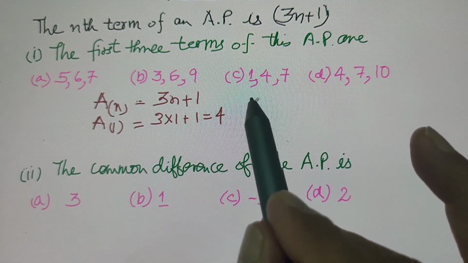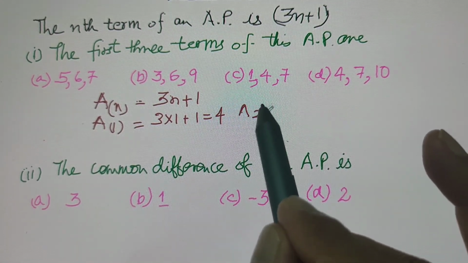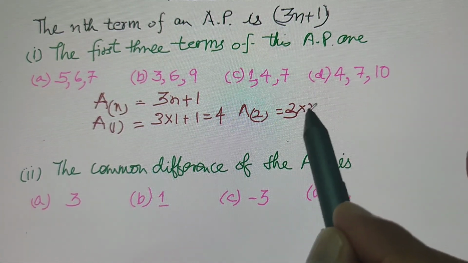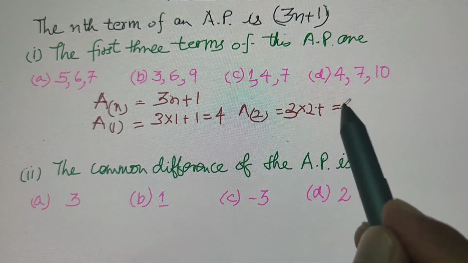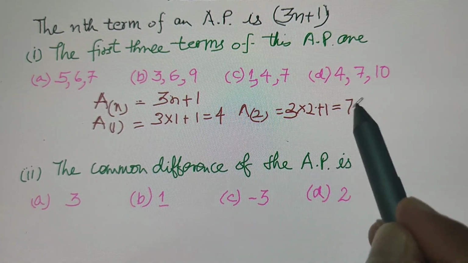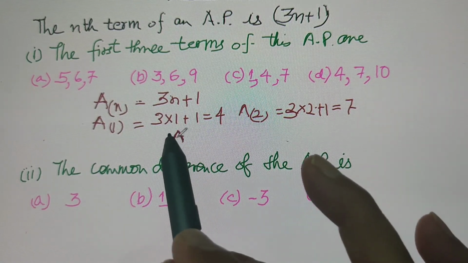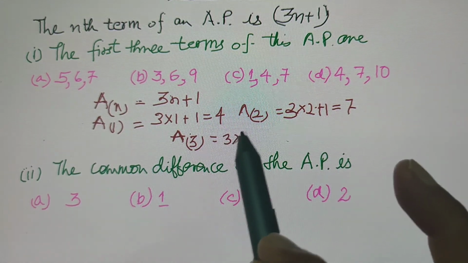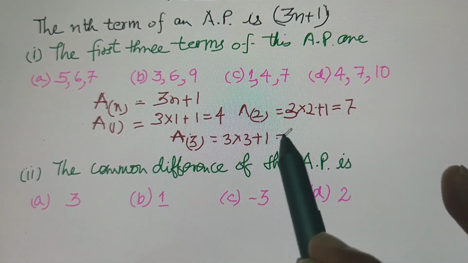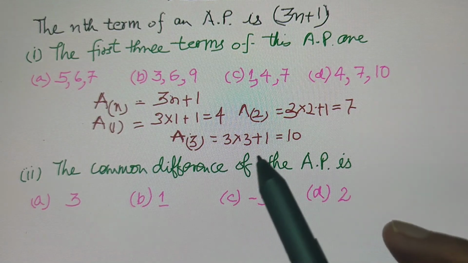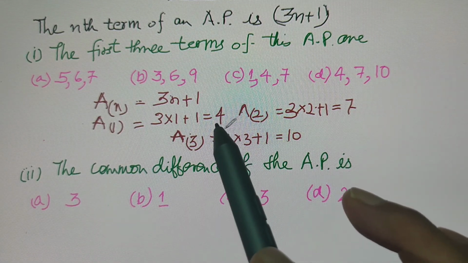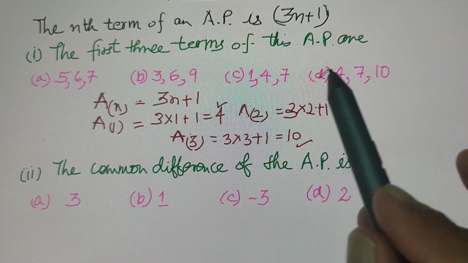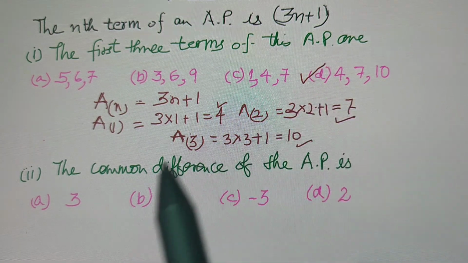Now if we put the value of n as 2, we are going to get 3 into 2 plus 1, which is 7. When we put the value of n as 3, we are going to get 3 into 3, 9, plus 1, 10. So the first three terms of the given AP are 4, 7 and 10. So if you look into the options, option D is the correct answer.